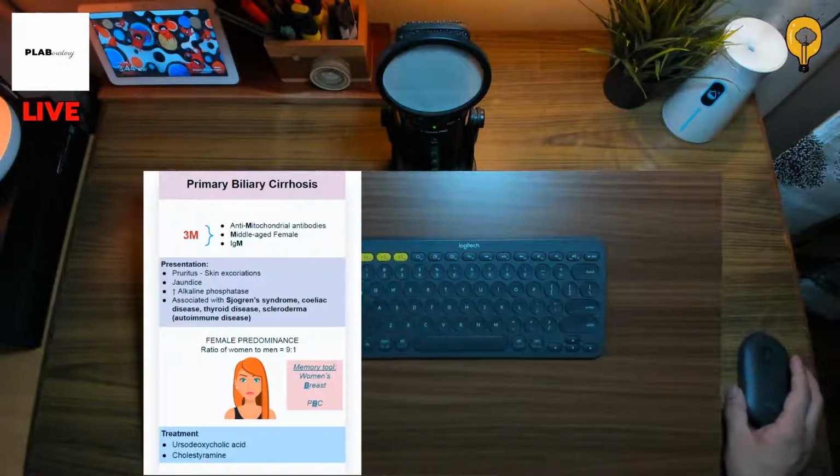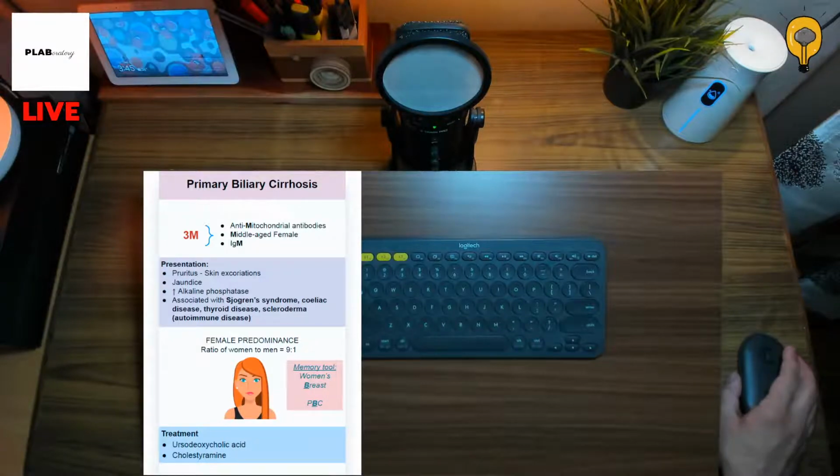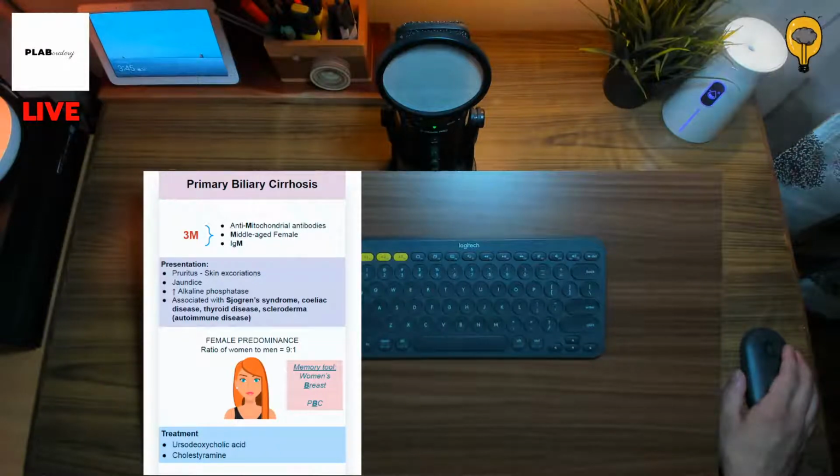Cholestatic picture, alkaline phosphatase raised, and second, anti-mitochondrial antibodies are found. Primary biliary cirrhosis is associated with autoimmune conditions such as thyroid disease, celiac disease, Sjogren's syndrome, scleroderma, etc. It has female predominance. Women to men ratio is 9 to 1.